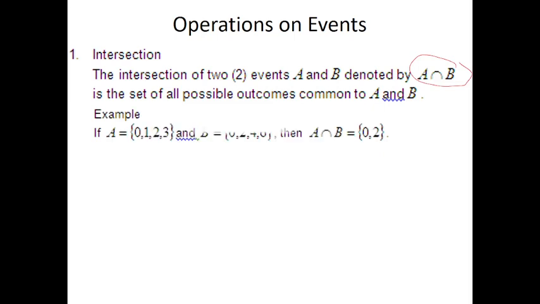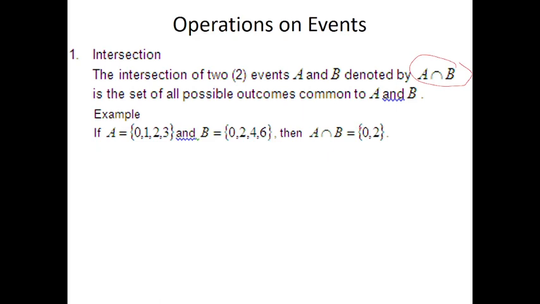And then, meron tayo ditong example. If I have here event A having the outcome 0, 1, 2, and 3, event B having the outcome 0, 2, 4, 6. So, pagka ganito yung notation natin, ibig sabihin yan, A intersection B, okay?